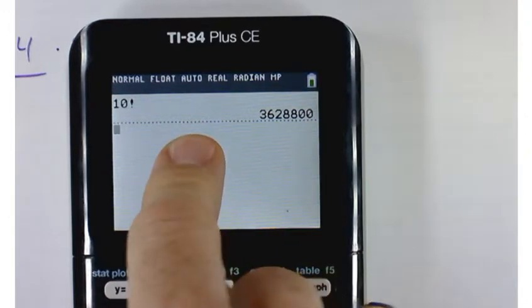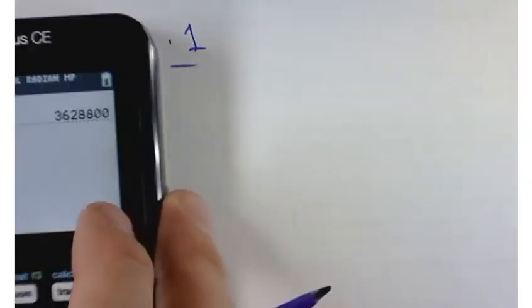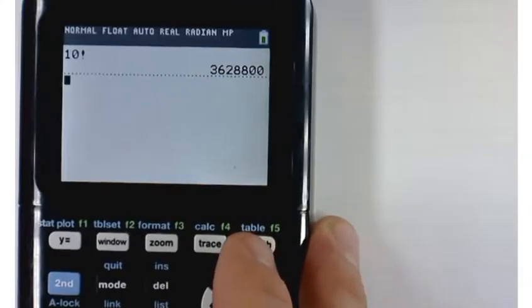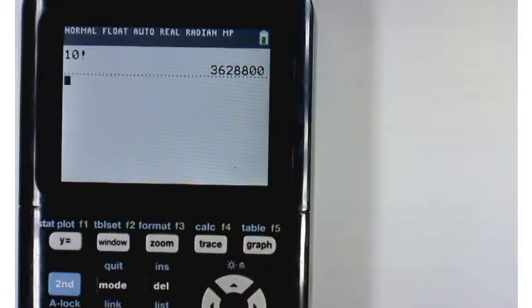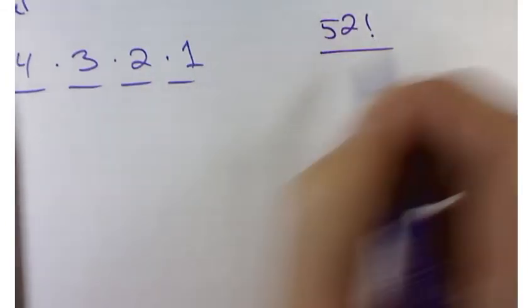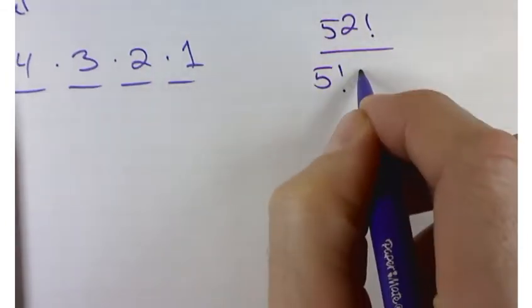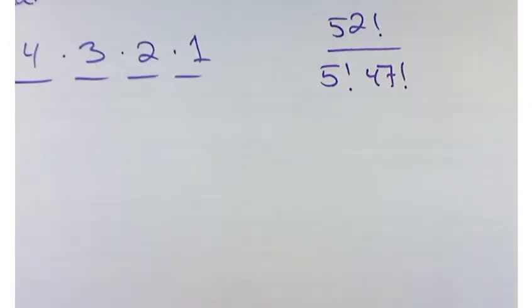You can have a little bit of fun with the factorial notation. For instance, if you wanted to figure out how many ways there are to pull 5 cards off the top of a standard deck, say you're playing poker, that'd be 52 factorial divided by 5 factorial times 47 factorial. And that number, if you took the time to calculate it, would be about 2.6 million different hands that you can get.